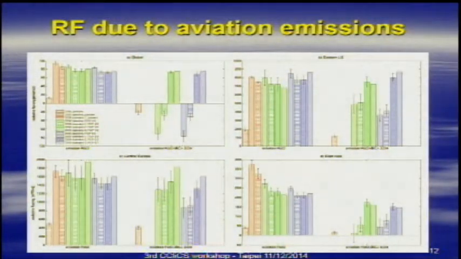So here is just a histogram plot. This is the global radiative forcing due to different scenarios. I'll just point out the first bar is based on the 2006 water vapor emission. The 2006 contrails have a big jump if you jump to 2050 emission. I'll just point out the biggest jump is in East Asia.